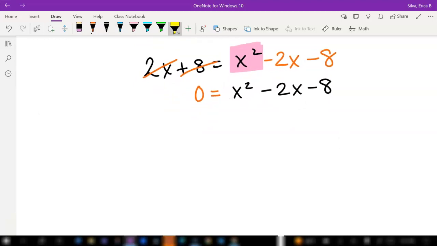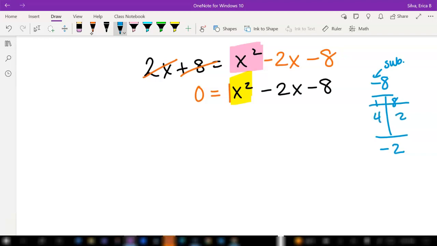We have 3 terms. We have x squared. We can use our ABC. And we can use our shortcut on this one also because my coefficient of x squared is 1. So we've got -8, -2 on the bottom. The factors of 8, remember we need to subtract. So we get 1 and 8, those don't subtract. 4 and 2 subtract to give you 2. We need the 4 to be negative.